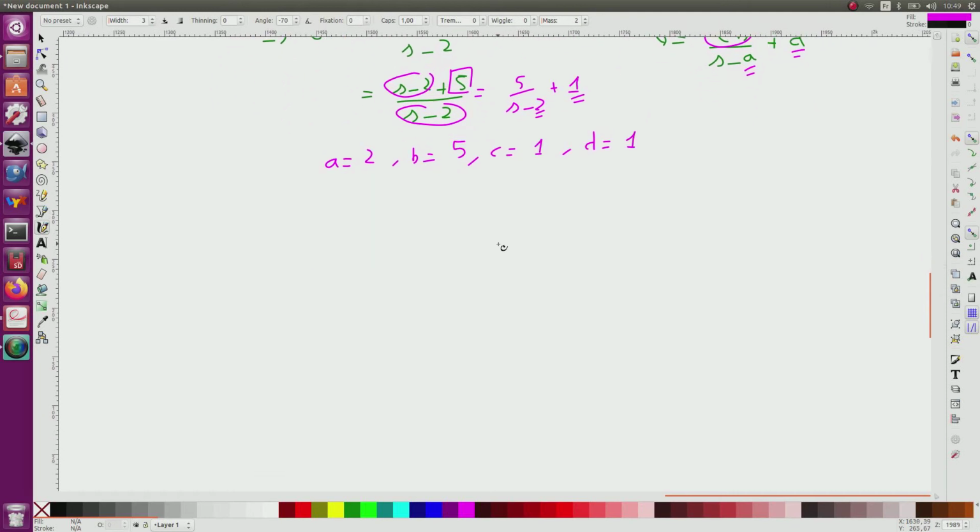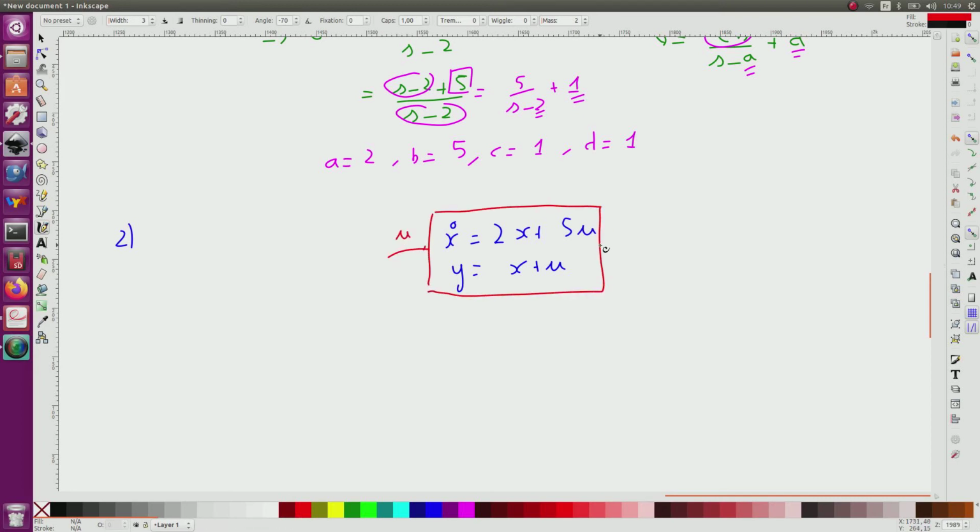Recall that my system is given by the state equation I have just identified. I have proved that the system is given by x dot equal 2x plus 5u, y equal x plus u. So this is the system I want to control.